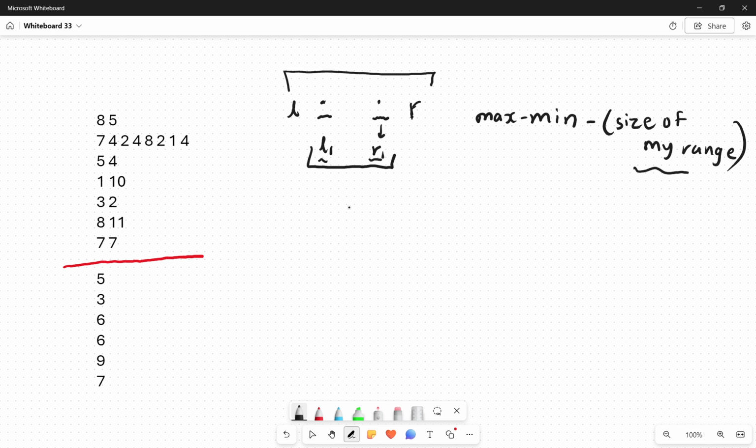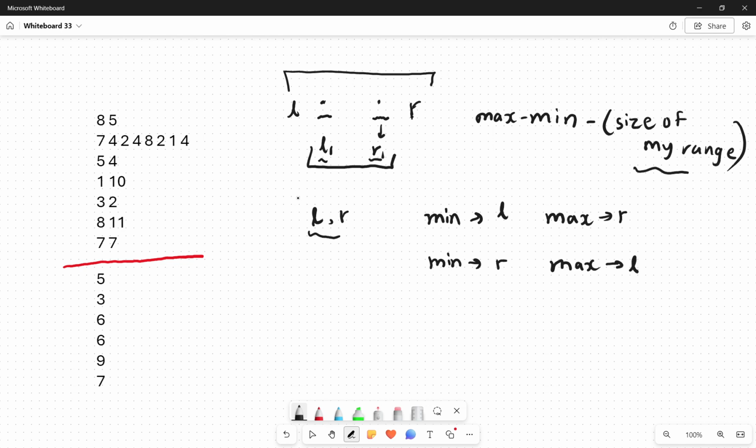So what I can notice is that whenever I select L comma R as the range of my answer, I definitely know that if the minimum is sitting at L, my maximum is definitely located at index R, and vice versa, right? So if the minimum is at R, my maximum is going to be sitting at index L, right?